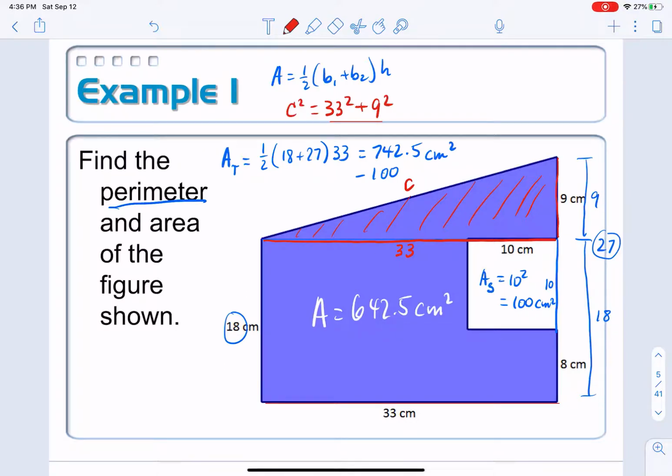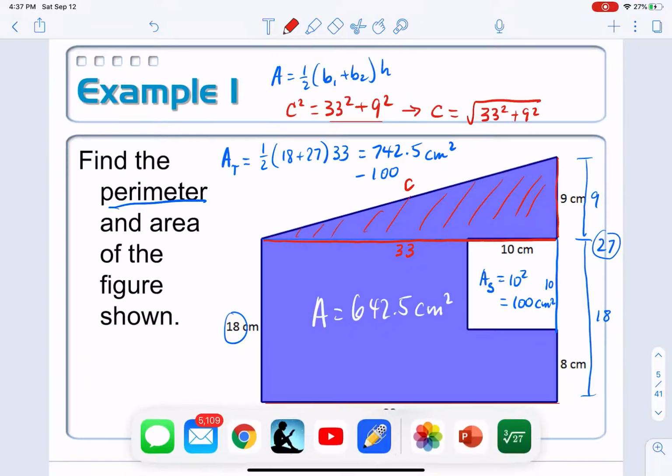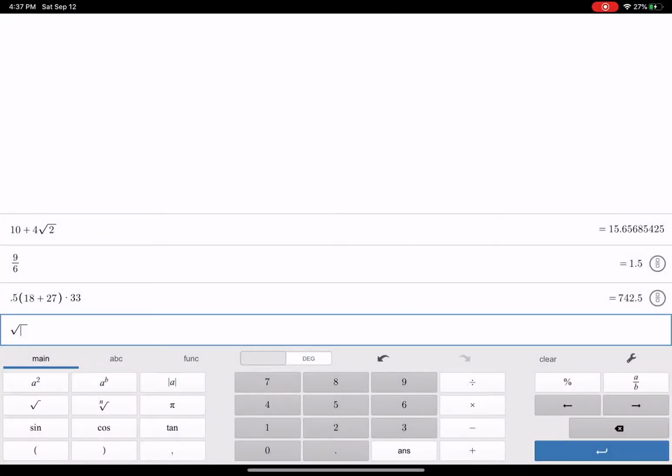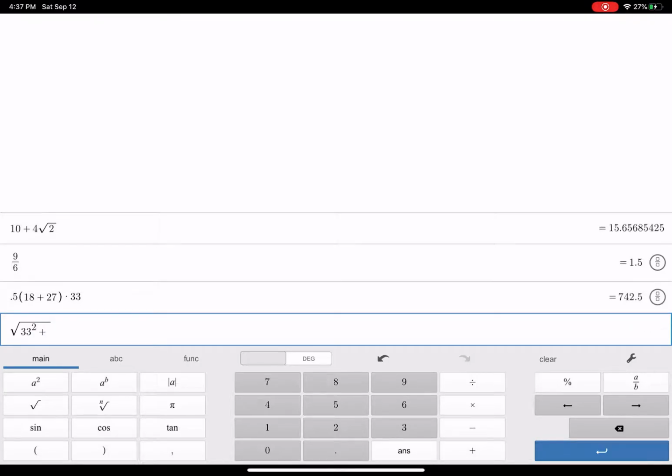The last step would be to take the square root of both sides because I want C, not C squared. So C, the length of this slanted side that we're looking for, is equal to the square root of 33 squared plus 9 squared. So I'm just going to throw that into the calculator. Square root of 33 squared plus 9 squared, plus 81 basically.